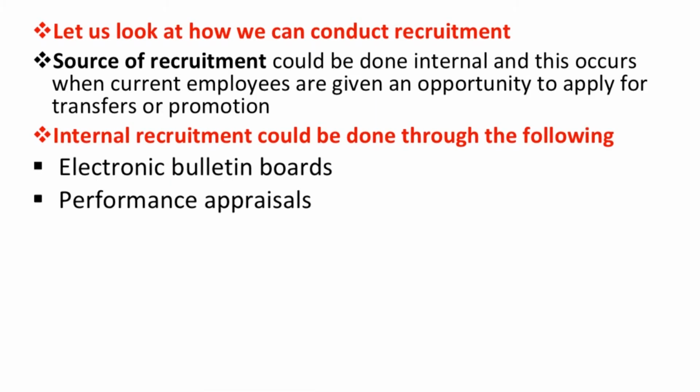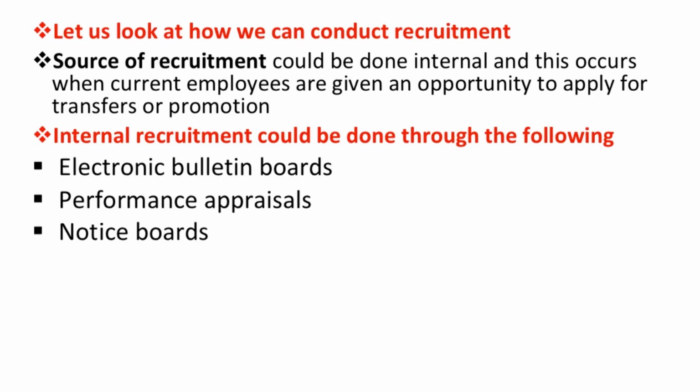An electronic bulletin board is whereby, when you come into an organization, it's sort of like a TV that plays and shows the recruitment post. Secondly, we can do it through performance appraisal. Thirdly, it can be done through a notice board. This is an old system that was used.